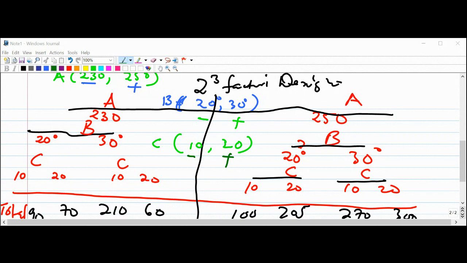Order matters when it comes to this method. If the order is wrong, it means everything that you are going to do will be wrong. That is the first rule.